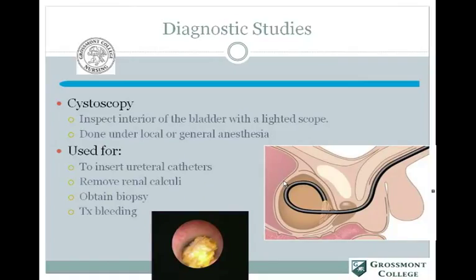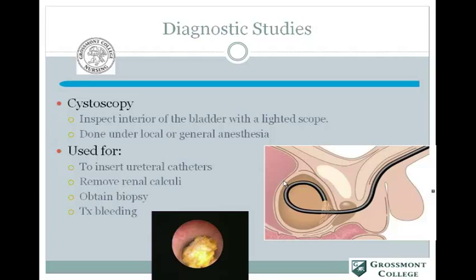Cystoscopy. Some of you may have seen this if you traveled to the OR. This is where they put a scope into the urethra, and they use this to see what's going on in there. If there's a bleed, they need to cauterize. If there's stones, they want to see what kind of stones, how big they are, if they can get them out.